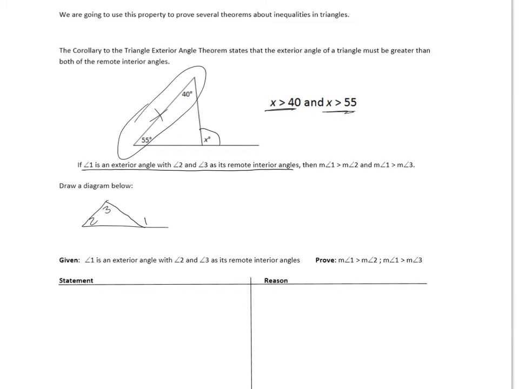Okay, so I'm given angle 1 is an exterior angle with angle 2, angle 3 as remote interior angles. That's my given.